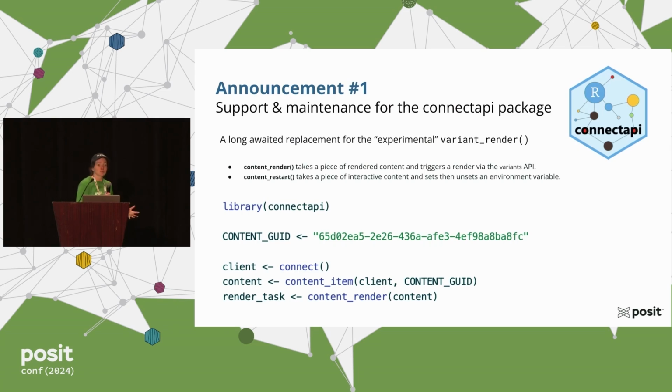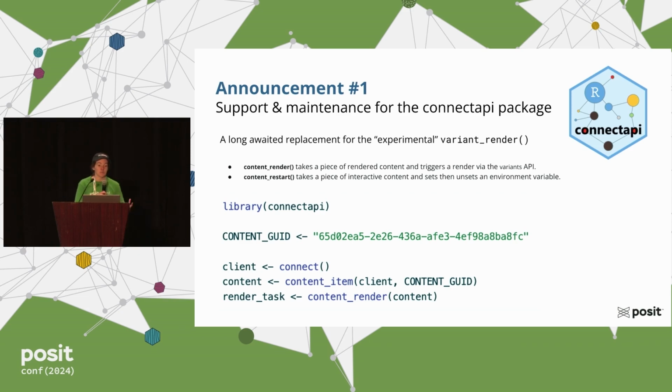So this is announcement number 1. Maybe you've already discovered this package out in the wild, but there's been a package that my colleagues in solutions engineering have maintained for a long time. And I want to announce that the Connect team is now taking over support and maintenance of the Connect API package. It had an experimental function called variant render, which you could use to do this execute or render on demand style execution for content in Connect.